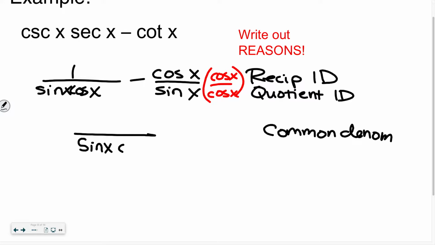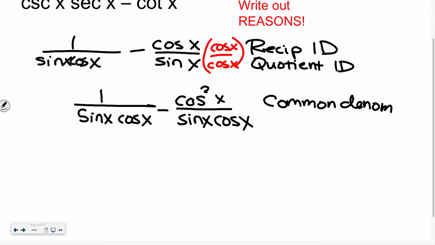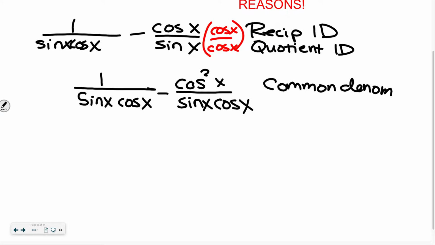So this is 1 over sine x cosine x minus, in the top, cosine times cosine is cosine squared, and in the denominator now we'll have sine x cosine x. Now that we have common denominators, we can actually subtract. So remember, when you're subtracting fractions, because these aren't number fractions, they have trig in them, you subtract in the numerator and you keep your denominator, right?